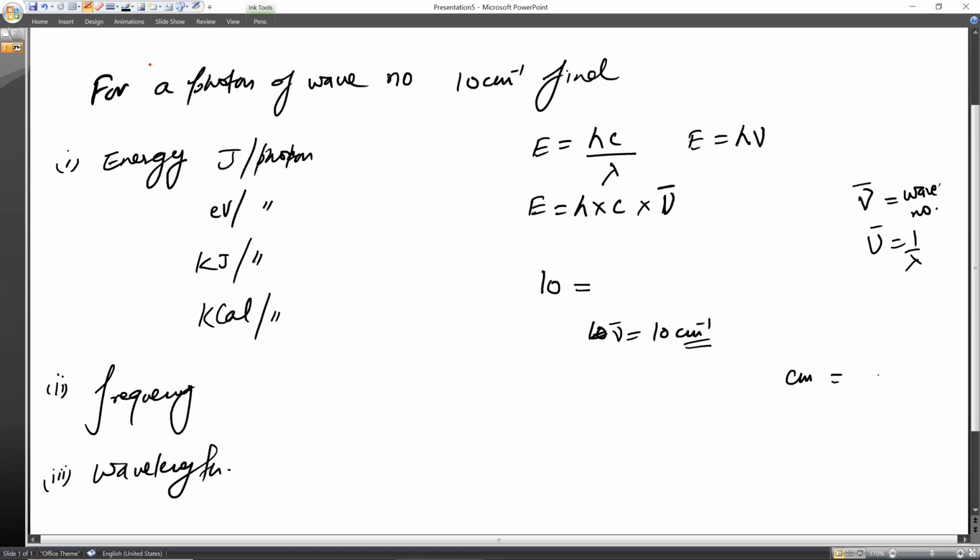If I need to convert centimeter into meter, what do you actually do? Tell me.